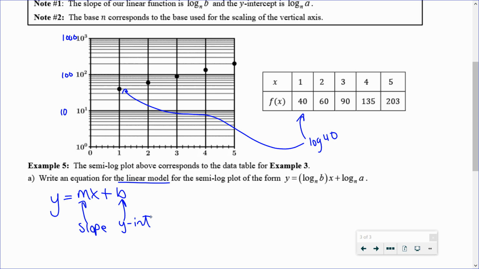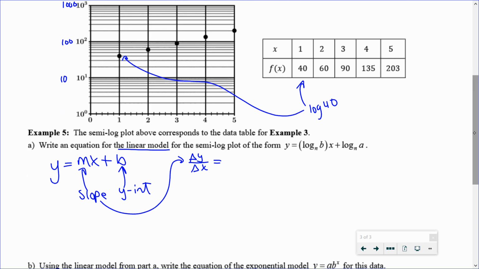Okay, so my slope. When I calculate a slope, remember it's the change in y over the change in x, delta y over delta x. Usually I would just pick 2 points, so I'm just going to pick these 2 points right here. I'm going to do the change in y over the change in x.